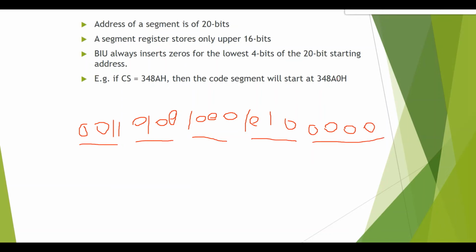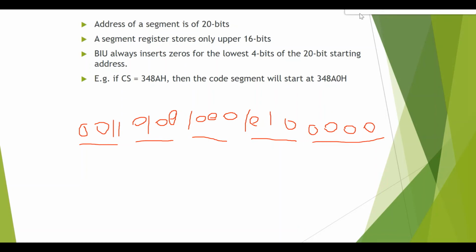So this is 348A0. This will be the starting 20-bit address of the code segment. So this is how we generate the starting address of any segment.